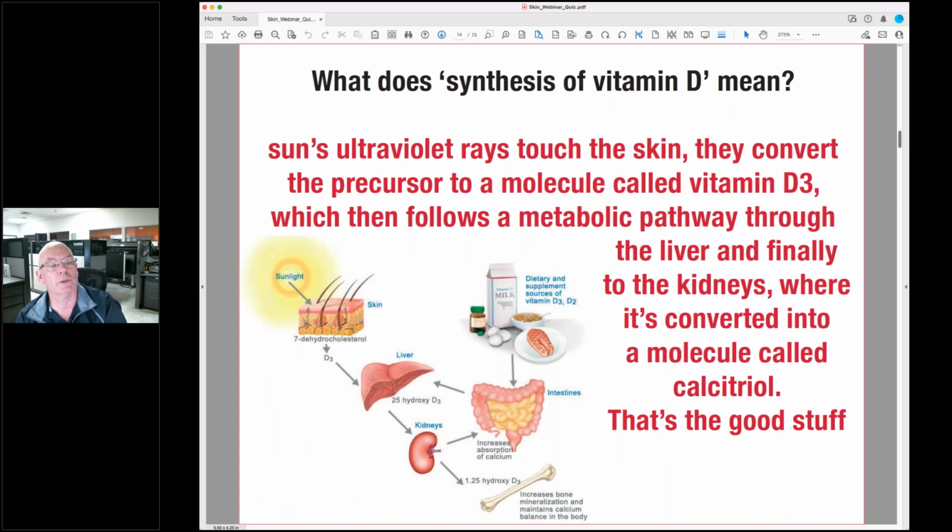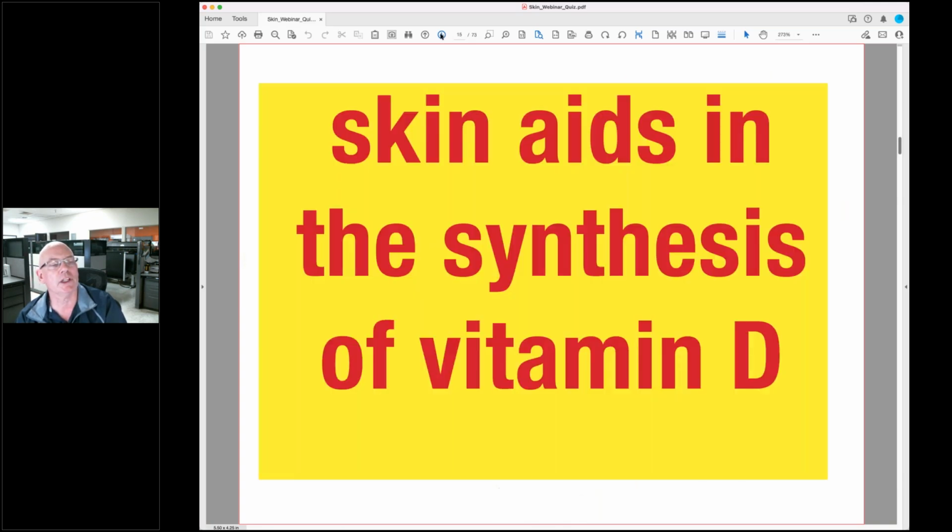Now, our first special note of the night. Are you ready? You have to get your special notes page out. Skin aids in the synthesis of vitamin D. Simple, just a special note.